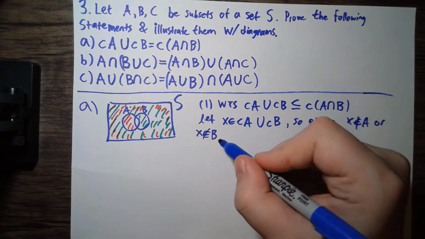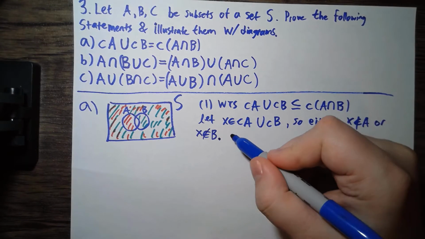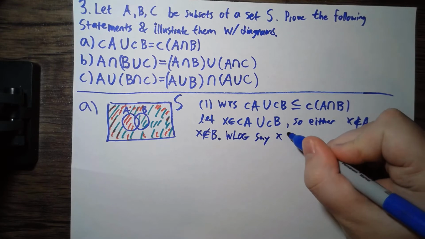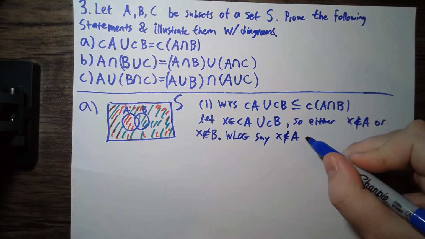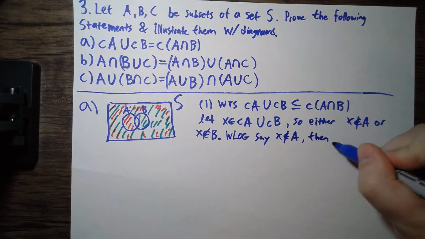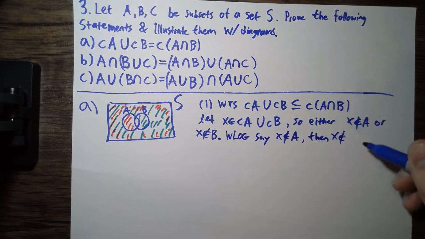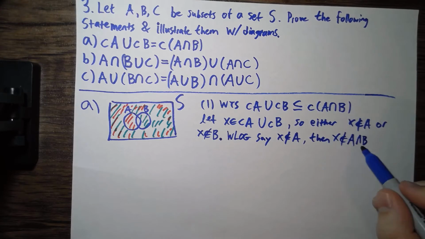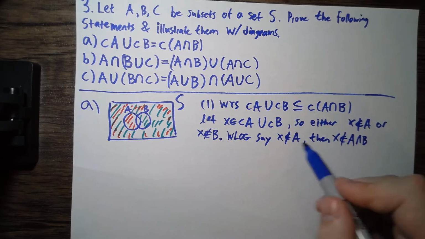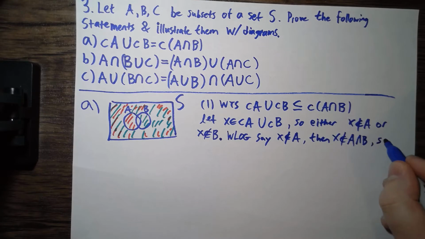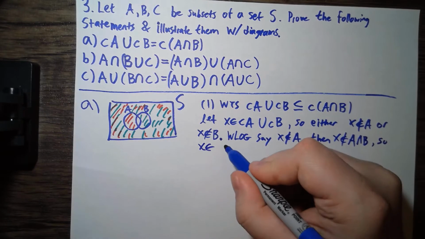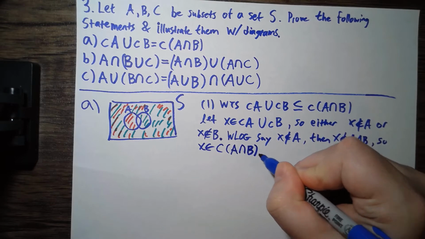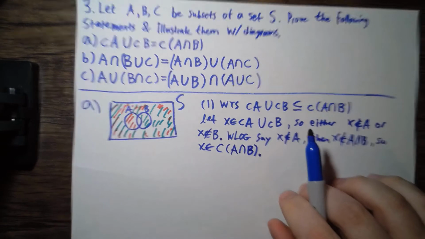Well, so what we can do here is we can say, without loss of generality, say X is not in A. Then X is clearly not in A intersect B, because if X were in the intersection, then that would imply that X is in A. So X has to live in the complement of A intersect B. So that shows that this is a subset of that.